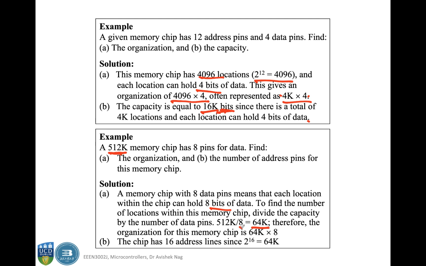Here the number of data bits is 8 and the capacity is 512k. So basically this is a 64k times 8 chip. That's the organization, and 64k means you have 16 address lines for this particular chip. As simple as that.